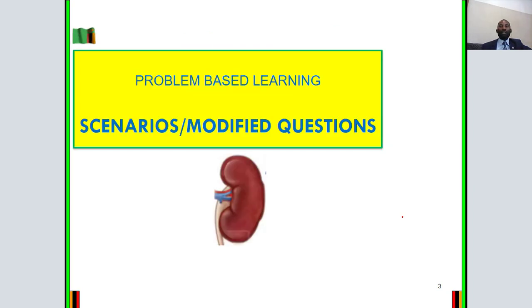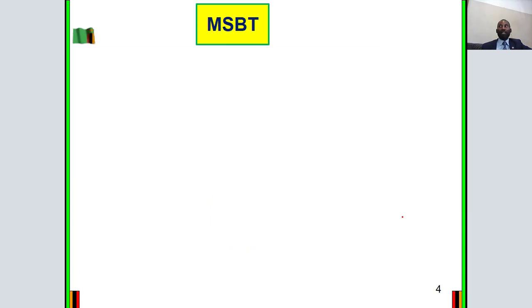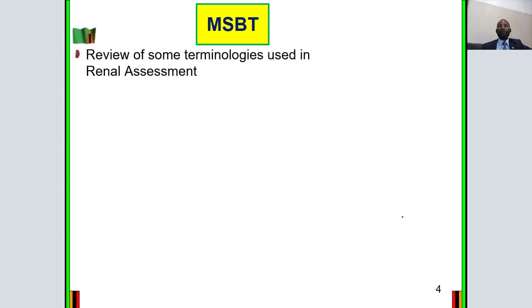Let's begin. We are looking at the kidney, which is one of our areas of interest. What are the key areas you are supposed to achieve at the end of this session? Number one, we are going to review some terminologies used in renal medicine.